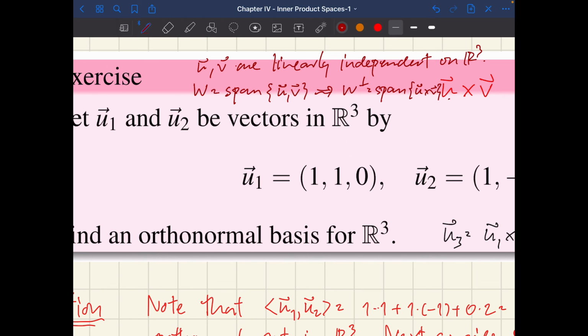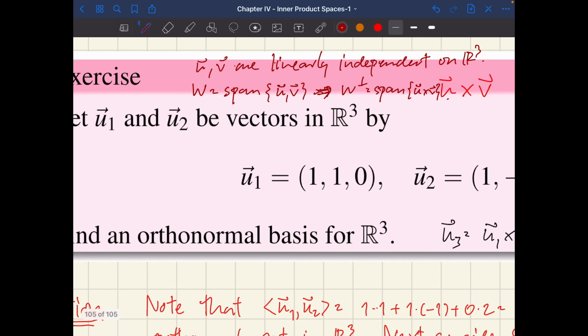This is the question for my assignment, so I think you need to do this.